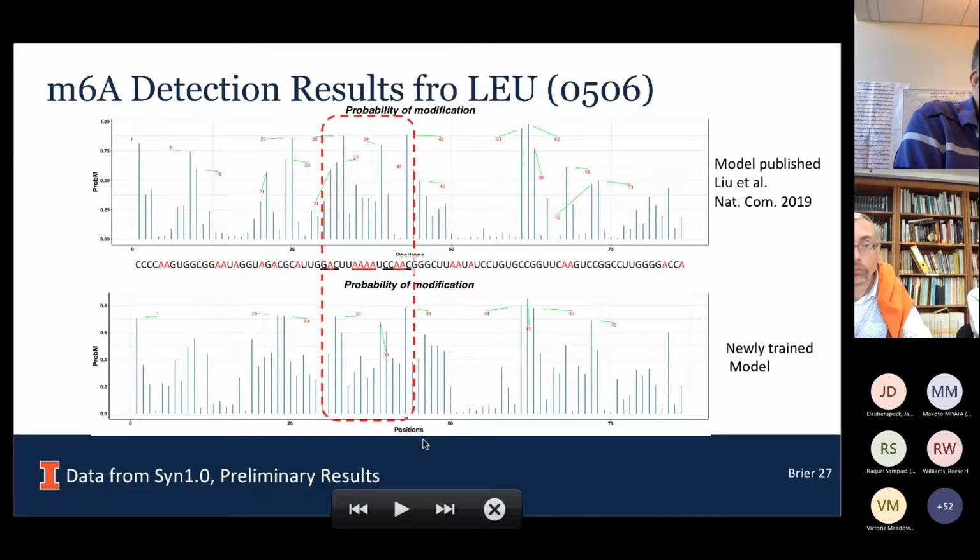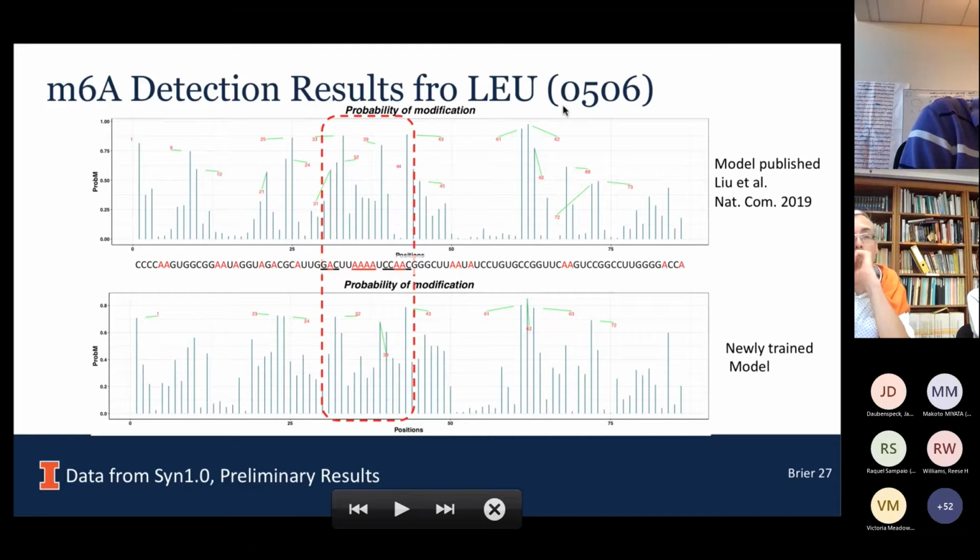If I go forward, the m6A detection results, there's a typo, sorry, for leucine. What you're seeing here is I've done it with two different approaches. What's important to note is that there are many false positives. Anytime you see these numbers or these green lines, it's indicating that that base has been modified.